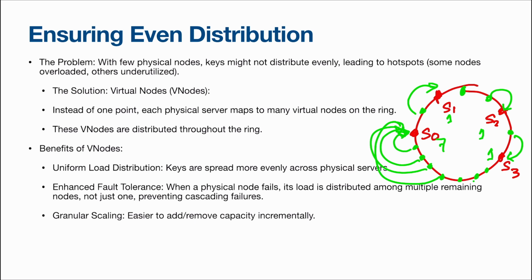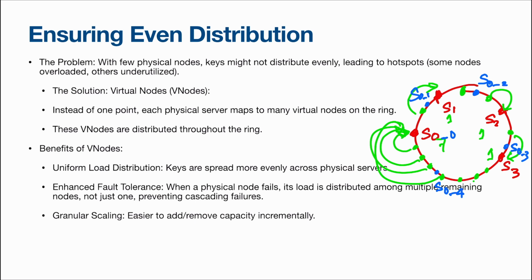Enter virtual nodes. So what do we do with virtual nodes? Whenever we put an entry for a server in the consistent hash ring, we don't just put a single entry, we also put multiple entries. So let's say S0, this is S00, and I put another entry here, S01, S02, S03, S04.